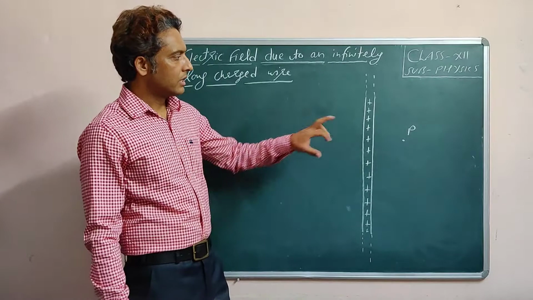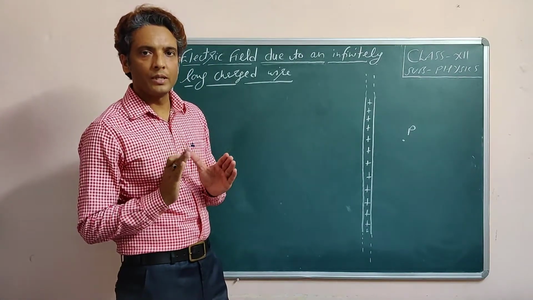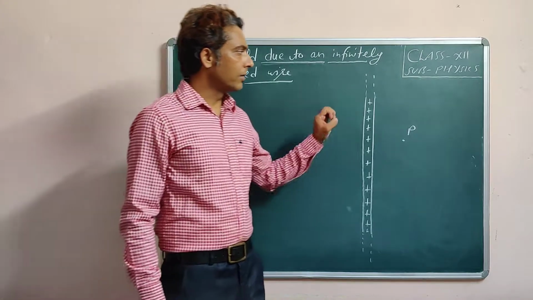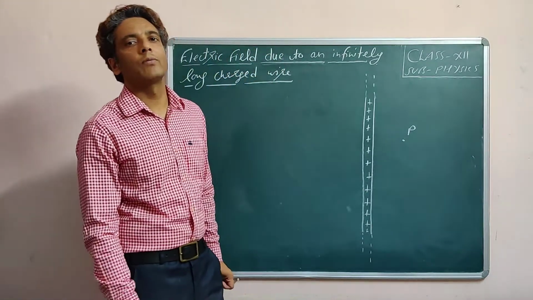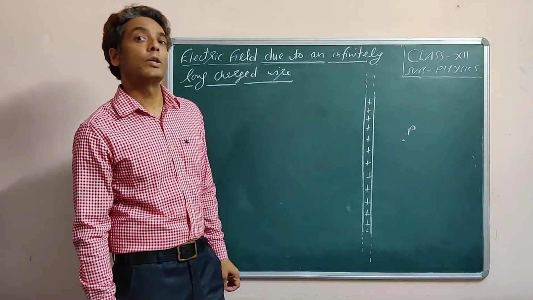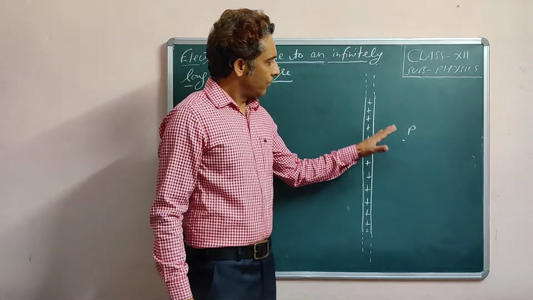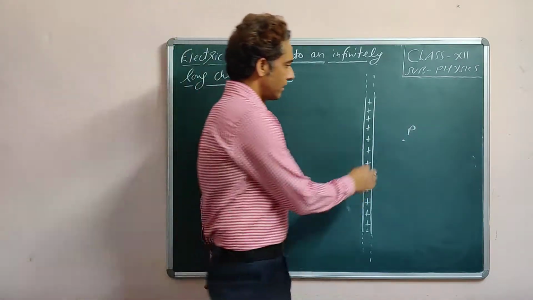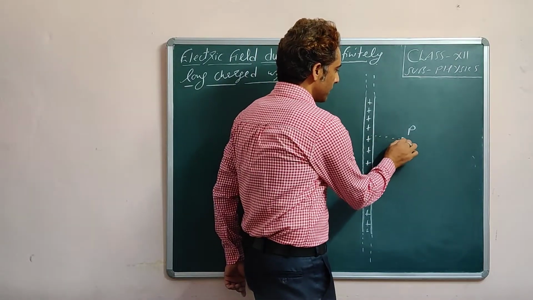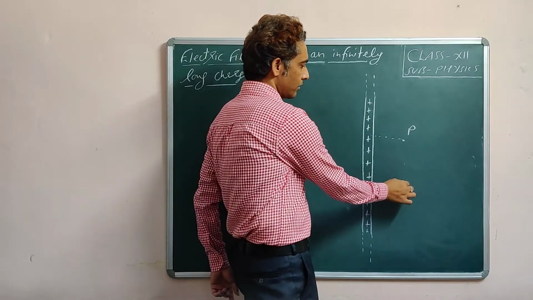In last class I told you the Gaussian surface is a surface in electric field at the surface of which the magnitude of electric field intensity is same at all points. Now from symmetry we can see here, if r be the distance of this point, I can consider this point here also.